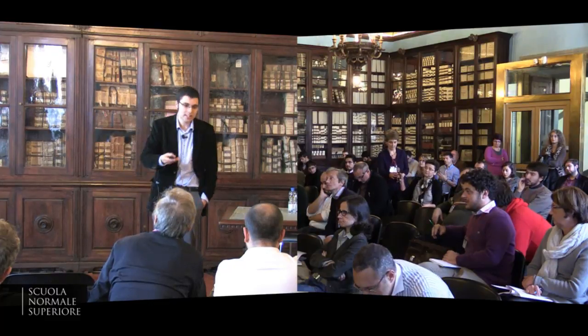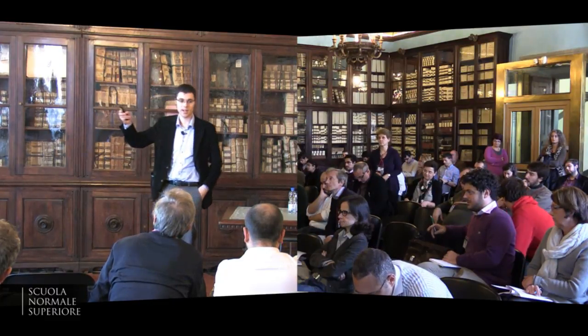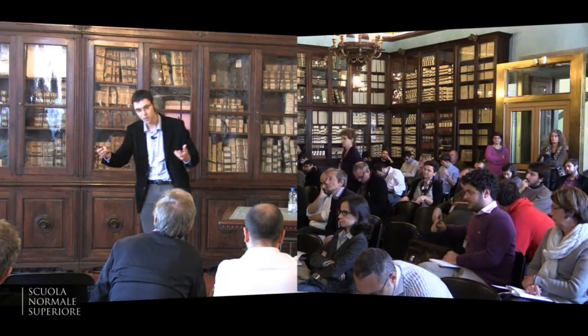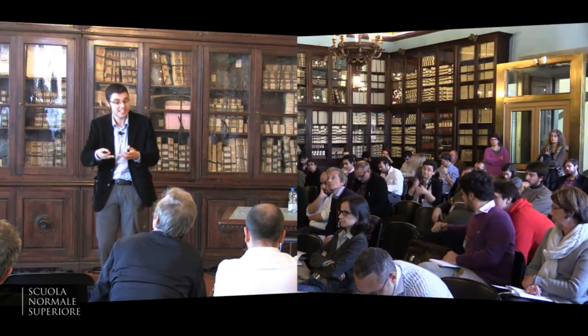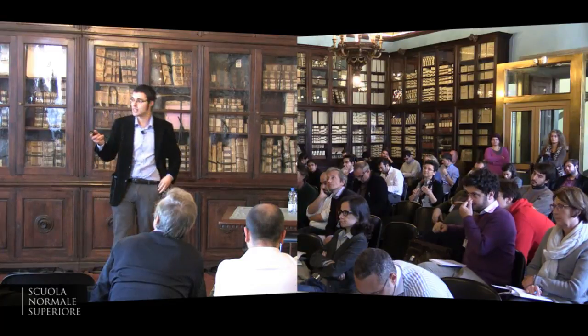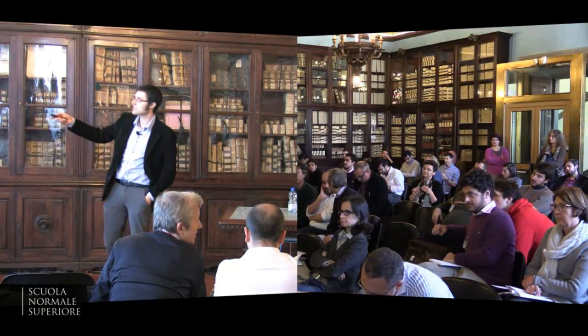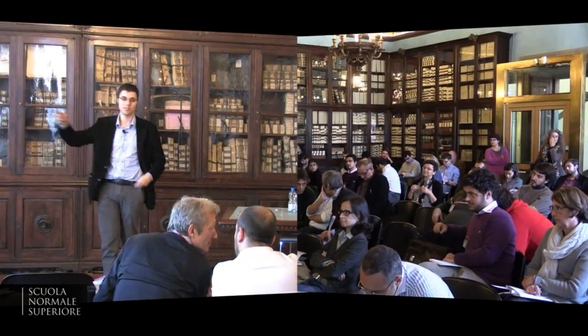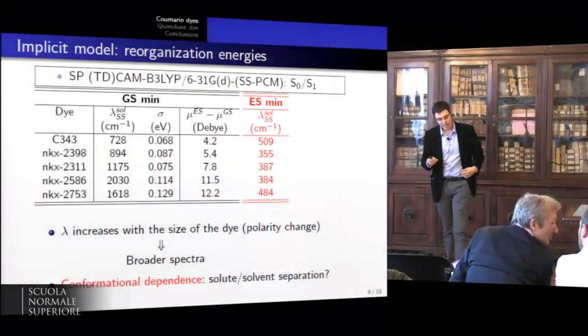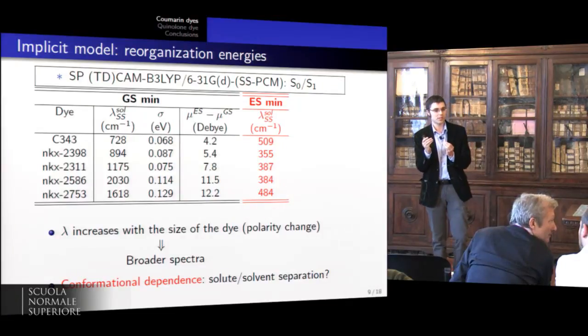Actually, there is a dependence because we have an electrostatic interaction between the solute and the solvent that is included. But I saw that this is the excited state minima, which is quite far away, but it was also happening for conformations that were quite close to the ground state.